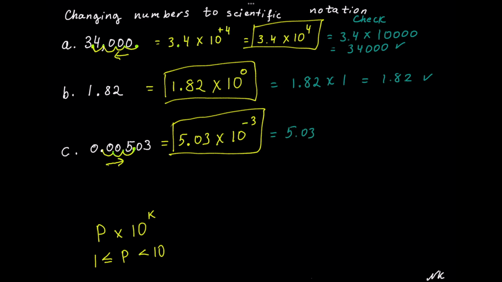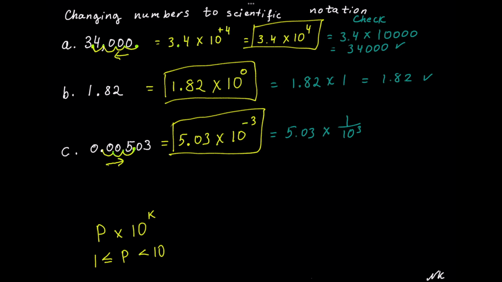And in example C, we have 5.03 times 10 to the negative 3. With 10 to the negative 3, the exponent will become positive if we move it into the denominator. So we will get 5.03 times 1 over 10 to the 3rd.